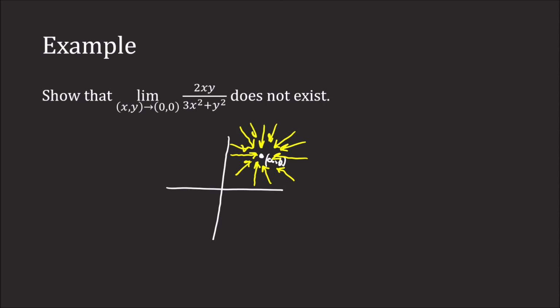In theory, there's an infinite number of ways that we can approach this AB. Well, that's a problem. But here's the beautiful thing. No matter how you approach AB, the value has to be the same. F has to approach the exact same value. So to show that this limit does not exist, we just need to show that there are two different ways to approach 0, 0 such that these are not the same value.